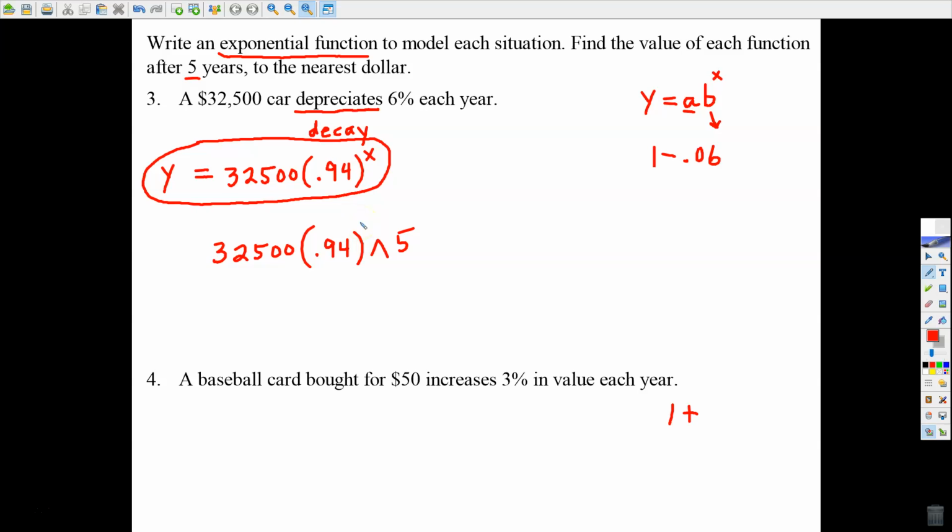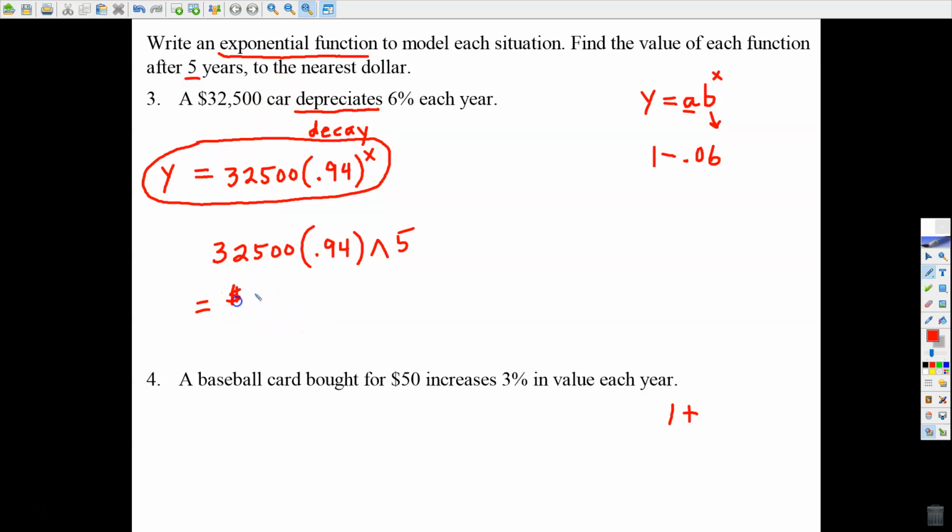All right, so we go to our calculator and we key in 32.5, parentheses 0.94, close parentheses, and I'm going to raise that 0.94 to the 5th power. And on these problems, you can round to the nearest dollar. It's okay.